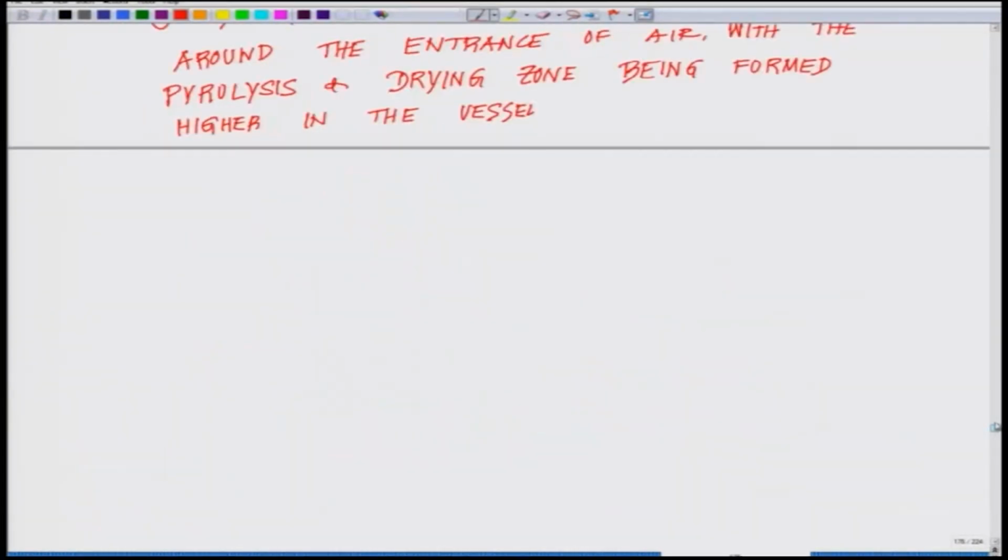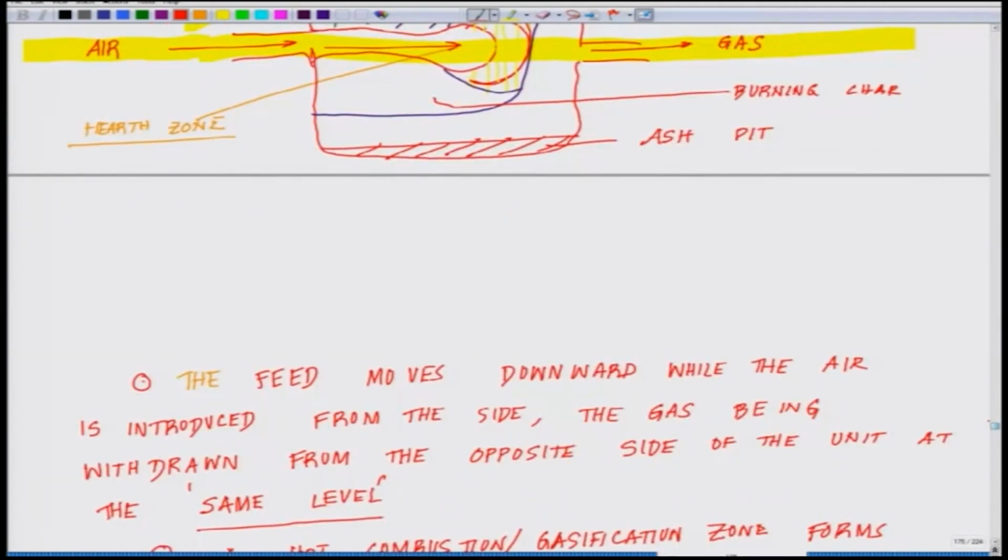The third critical point is that ash is removed at the bottom. As you could see, there is an ash pit from where you are collecting the ash.